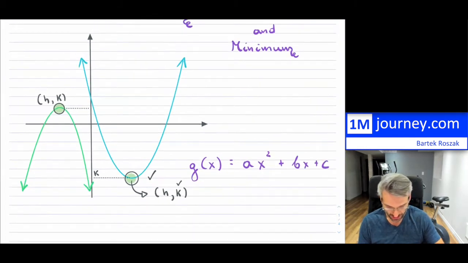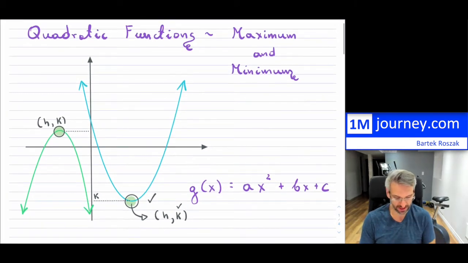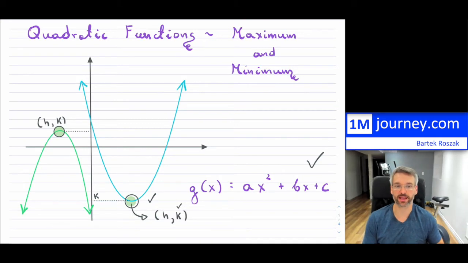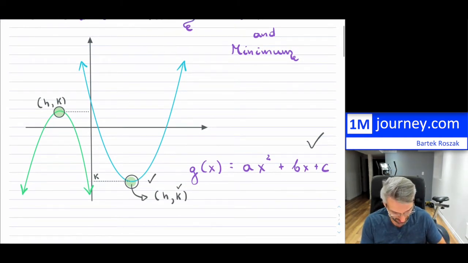Now, for quadratics, you can be given the quadratic in many different forms. You may recall, you can have it in standard form, which is like this, and is kind of the worst way to try to find this maximum or minimum. You can be given the quadratic in vertex form, which you can get by completing the square, and that would look something like that.